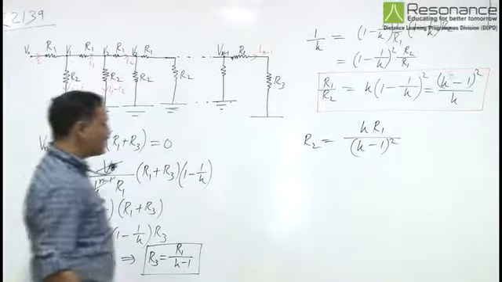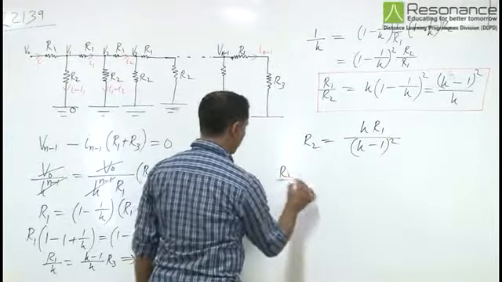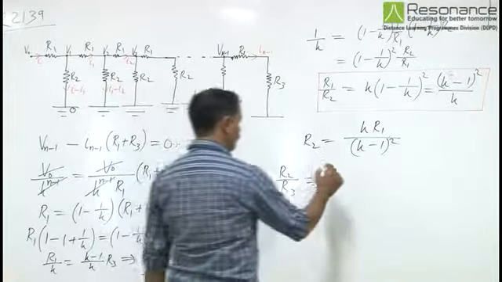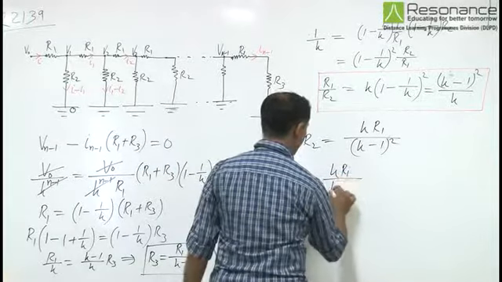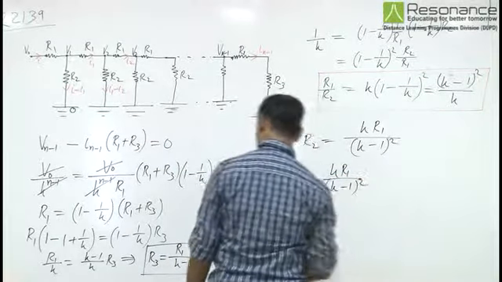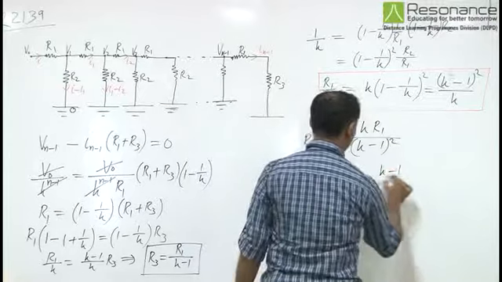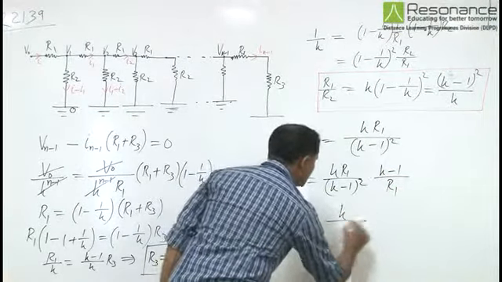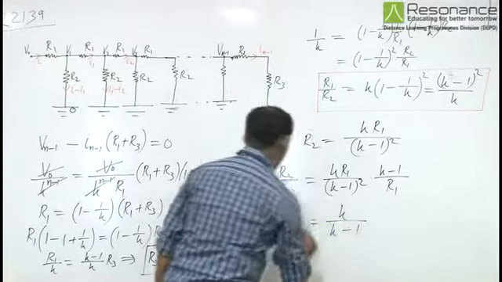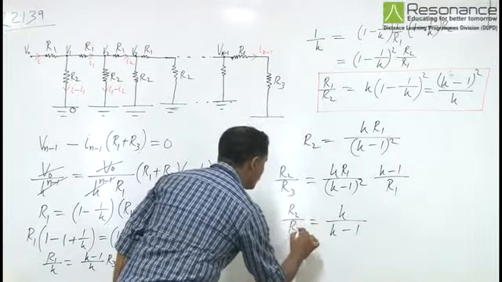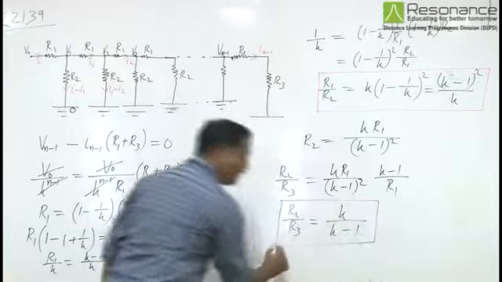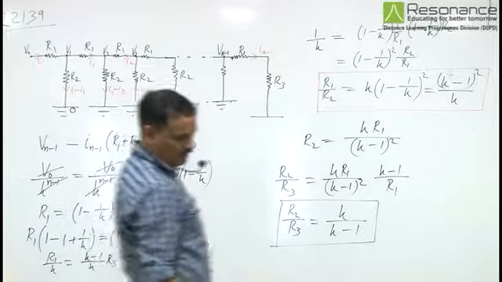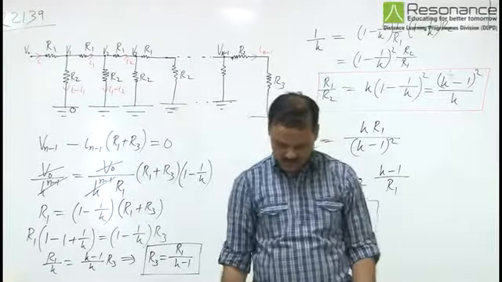So to find the ratio R2 by R3, we obtain K R1 by K minus 1 square into K minus 1 by R1, which is equal to K by K minus 1. So this is the relationship between R2 and R3. This is the first part of the answer.